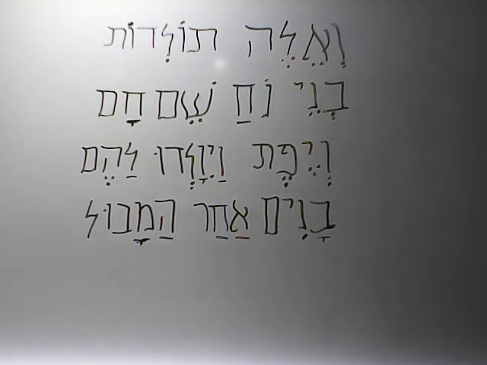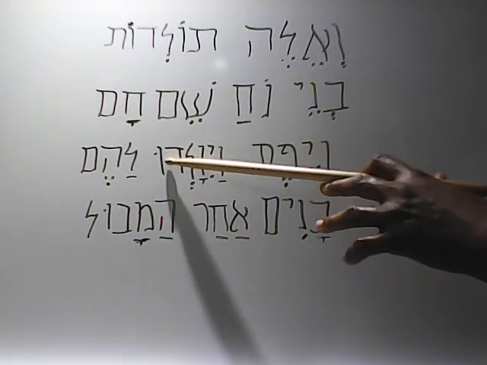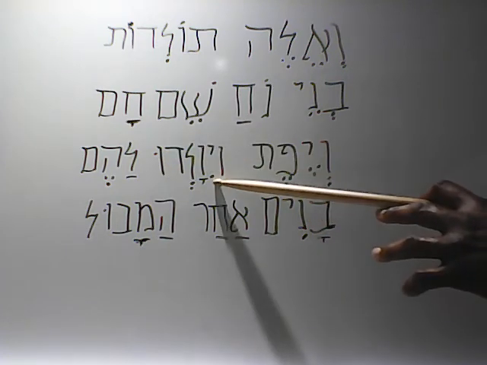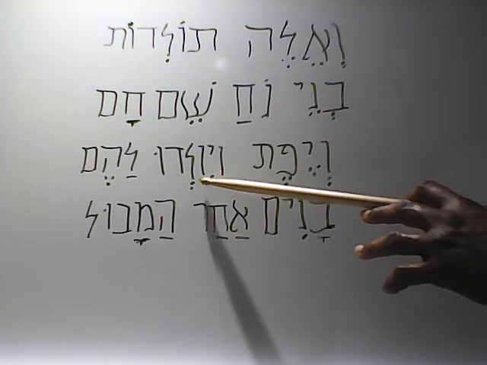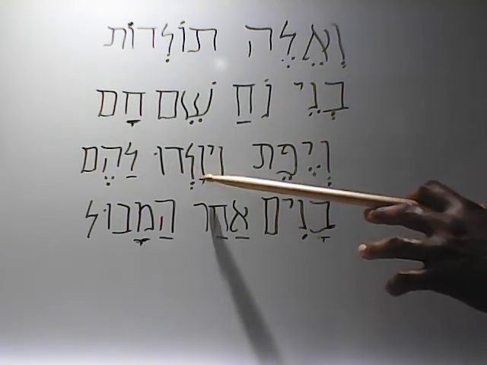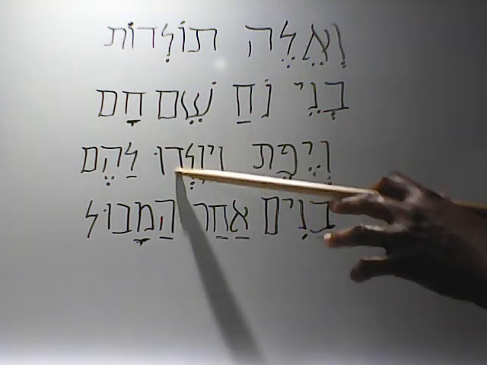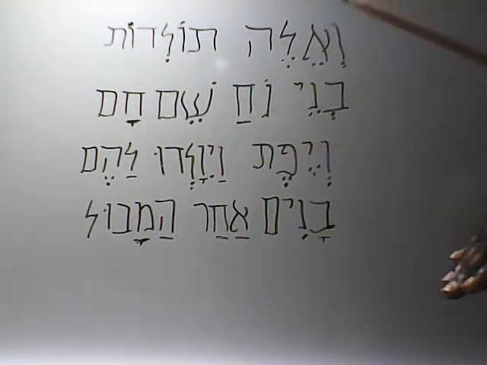Brothers and sisters, this wow that you see here at the end serves as a suffix. Ye waled means he will be born. Ye waldu means they will be born. This sound at the end signifies it as they, the third person masculine plural in this particular case.